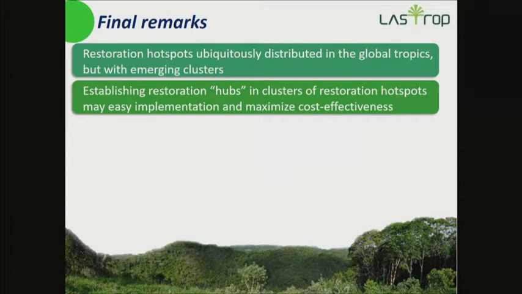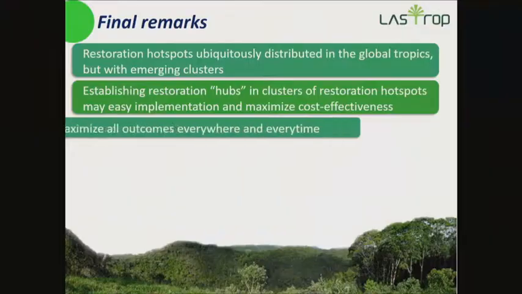So we can not only maximize the benefits, but we can maximize investments. And this is critical for investors. They don't want to construct 100 forest nurseries in a country like Brazil. They want to concentrate investments. They want to reduce their risks. They want to reduce their operational costs. So this can be a way to better think about maximization of investments in restoration.